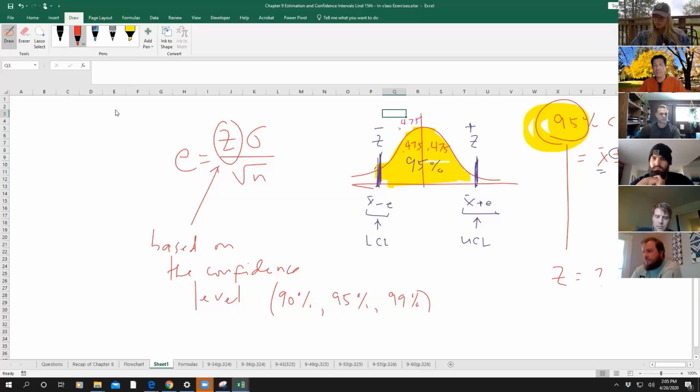Either side of the mean will be 0.475. So how do we get to Z? Using the Excel function.